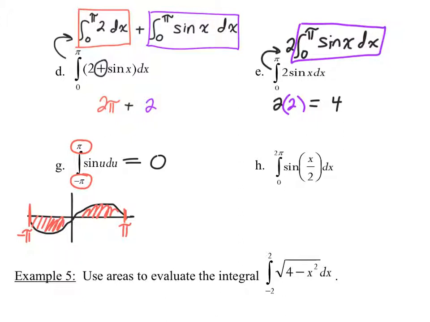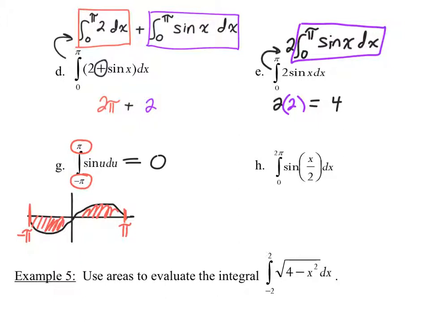So that always is going to happen with odd functions. If you had an even function, that's a different story. You would actually just double it. It would be, if you were going from negative pi to pi, but for, let's say, a cosine function, whatever the 2 parts are on either side of the y-axis, those would be equal to one another.